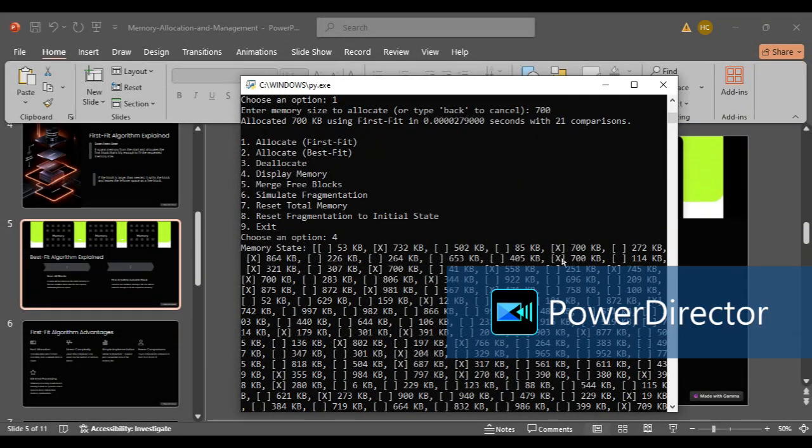So what did it do? It allocated 700 of the 814 and then left the rest over. So this is how the first fit works. As we continue, you will see that as it finds a block large enough to fit the 700, it accommodates it and then leaves the remaining.